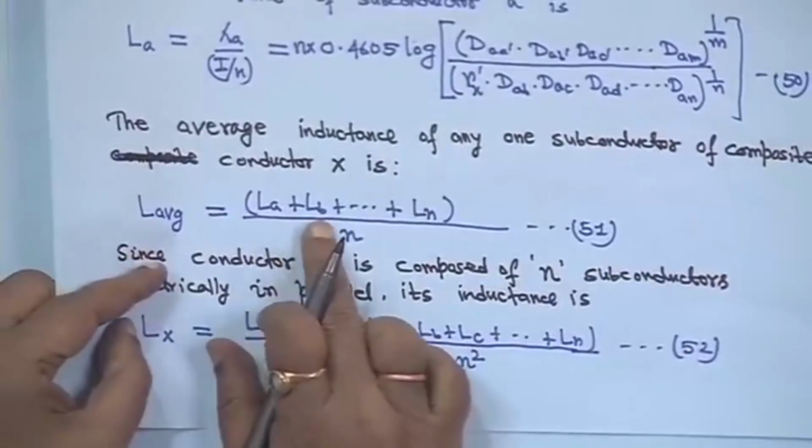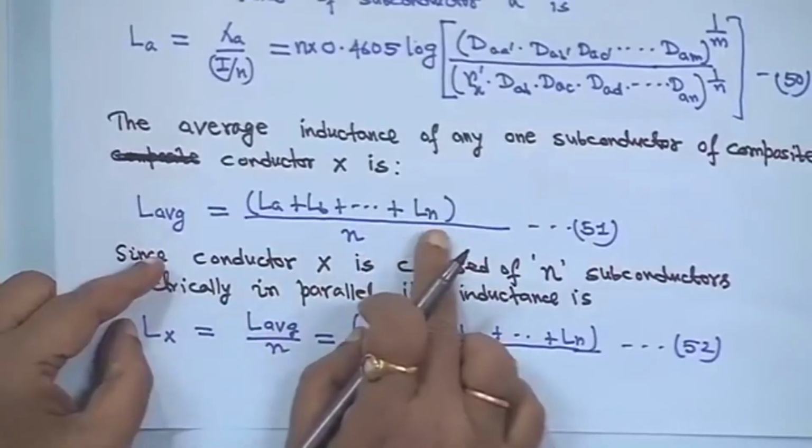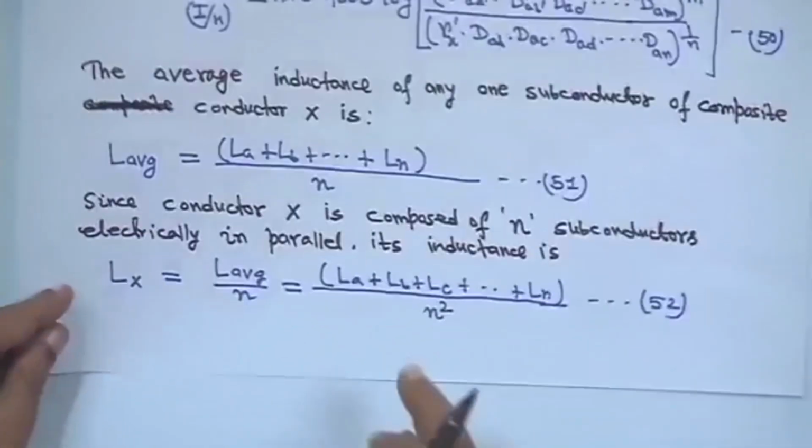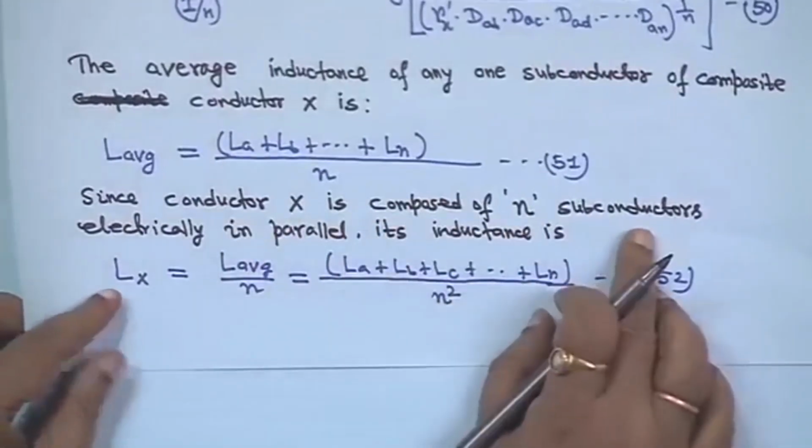We are computing L_A plus L_B up to L_n by N, because in group X, n number of conductors are there, and all the conductors are electrically in parallel.